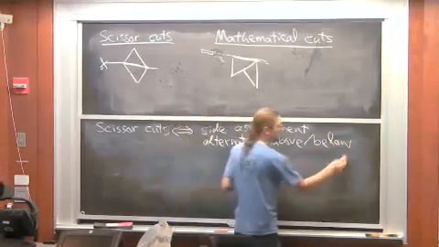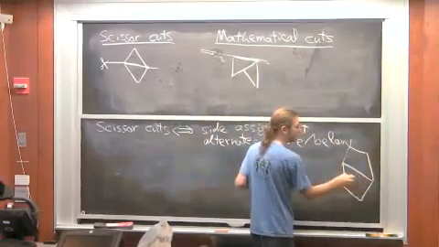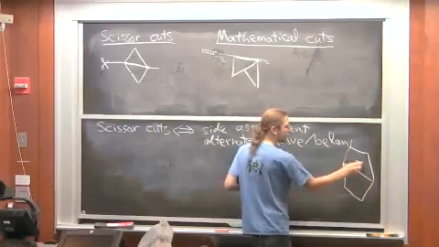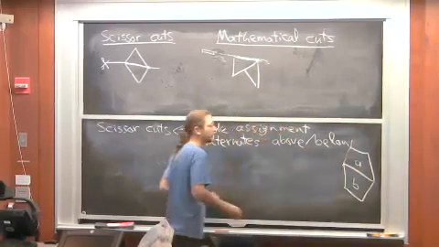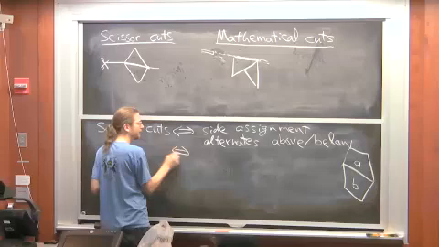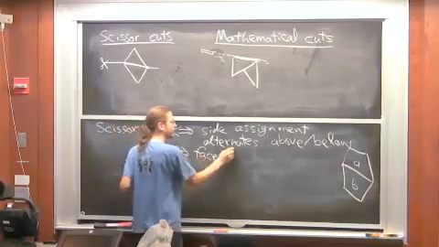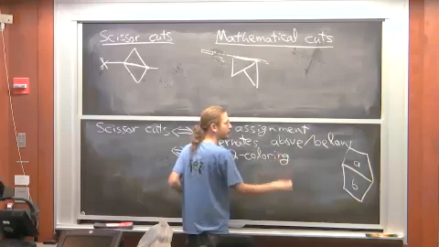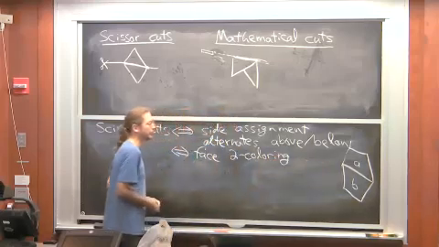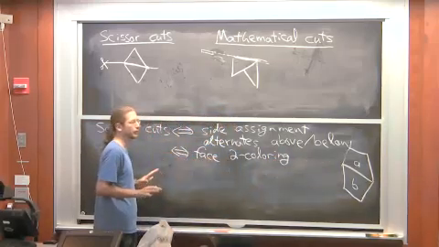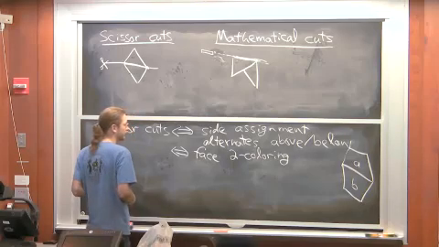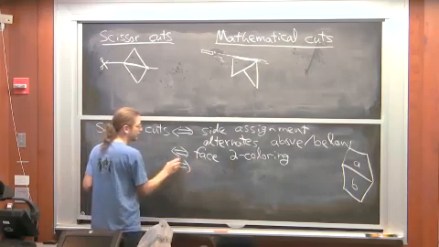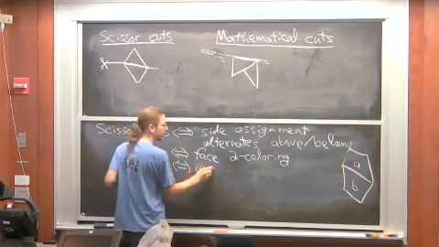Meaning when you have two regions that are adjacent, you don't want them both above or both below. You'd like one to be above, one to be below. And this is what's called a 2-coloring in planar graphs. You want to color the faces, the regions of your graph, with two colors such that no two adjacent faces have the same color, and that turns out to be equivalent to having all vertices of even degree.